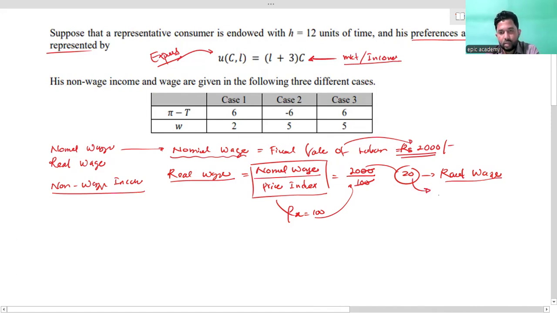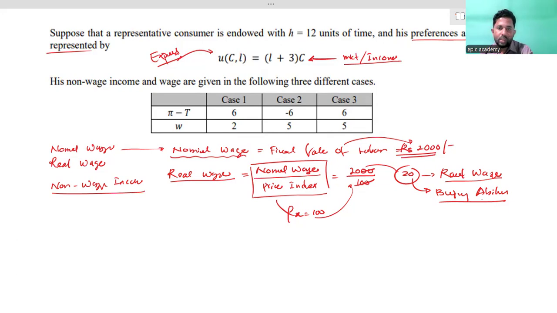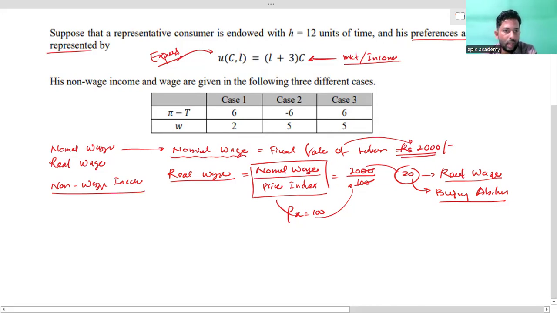This real wage always represents the buying ability of the person. According to that buying ability, they can satisfy their preference. That is why it is included here. Actually, in that position, they are considering real wage, not nominal wage.